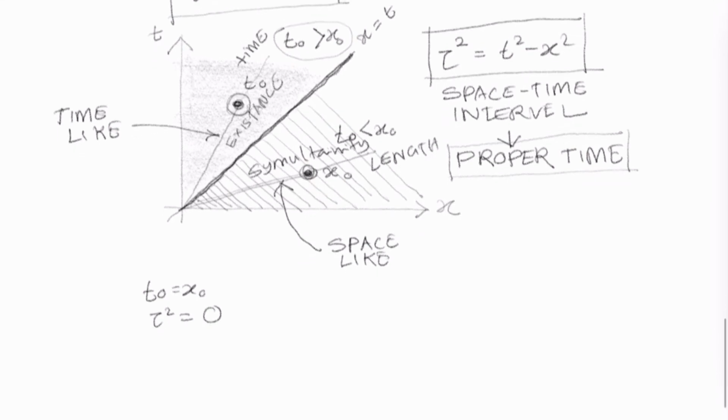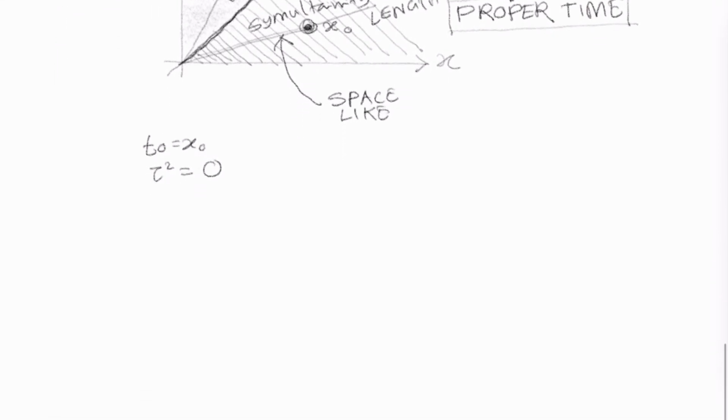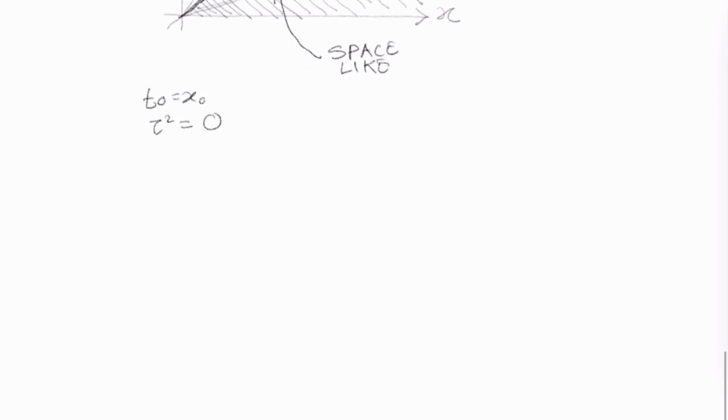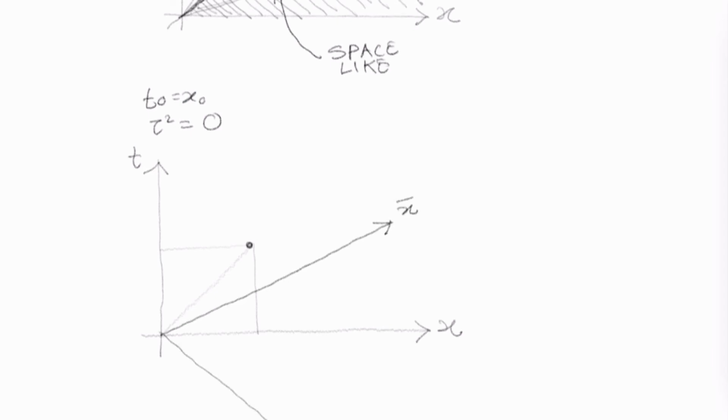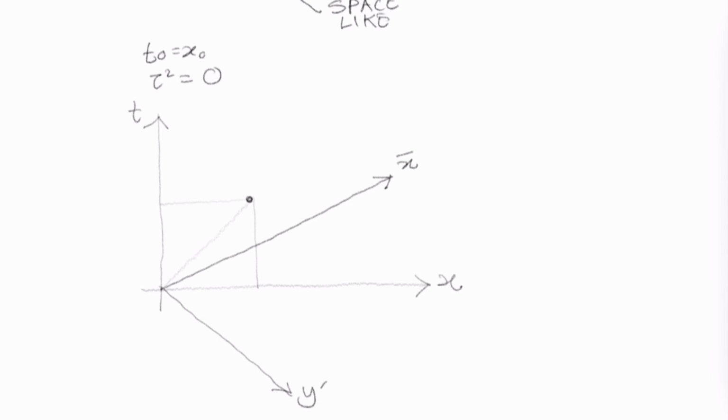What about the other dimensions of space? Let's imagine a point in one coordinate system, x, y. Let's imagine another rotated coordinate system, x bar, y bar, and time is the same.